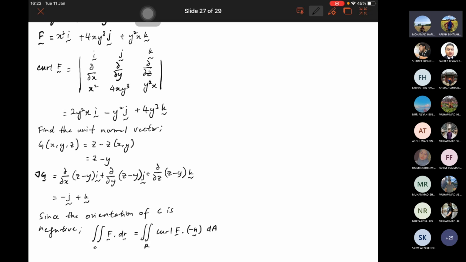Okay. So unit normal vector n equal to negative j plus k. So negative of n, it will be j minus k.